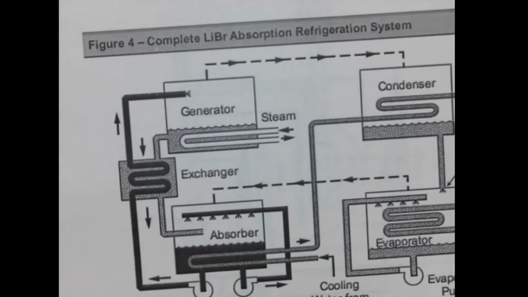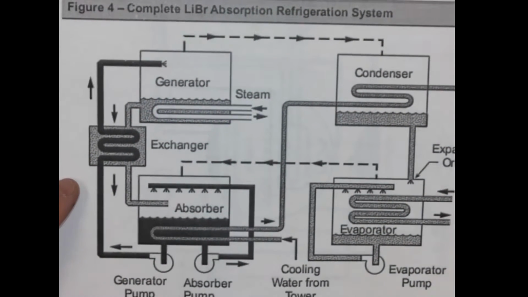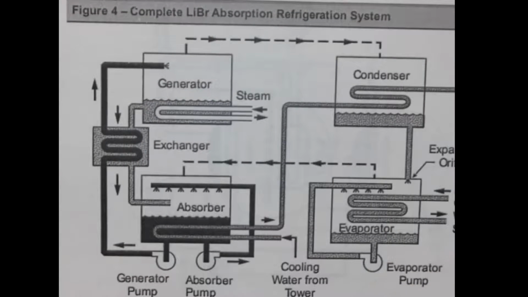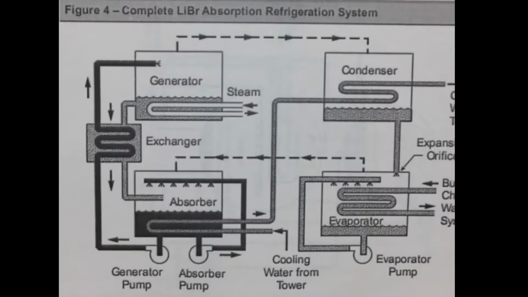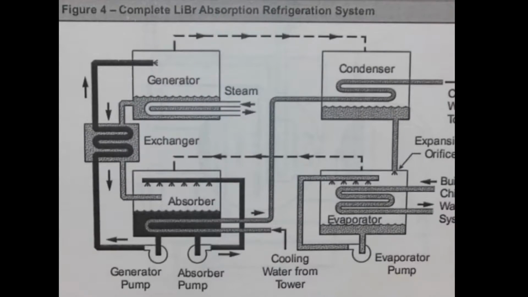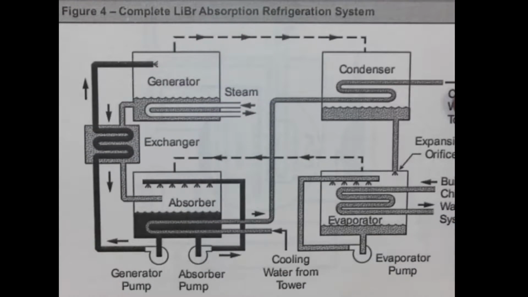Okay, you've got a couple of sheets that I handed out. This one is out of your textbooks. This is the diagram we just created. Condenser and evaporator, I didn't include.